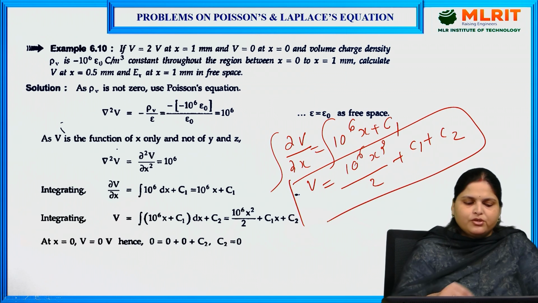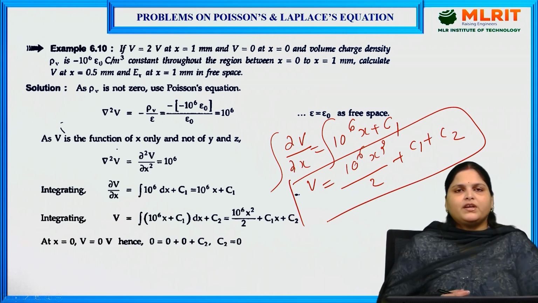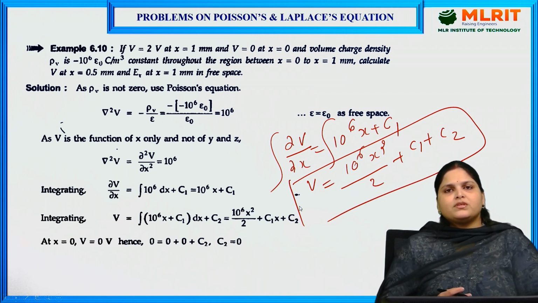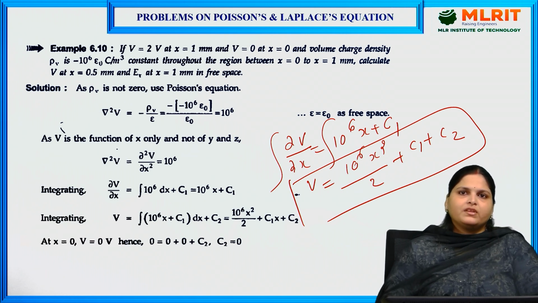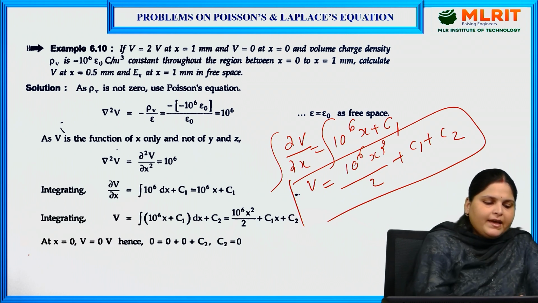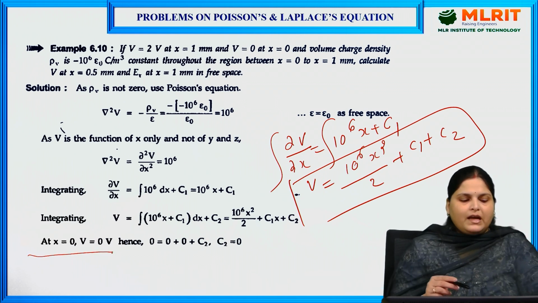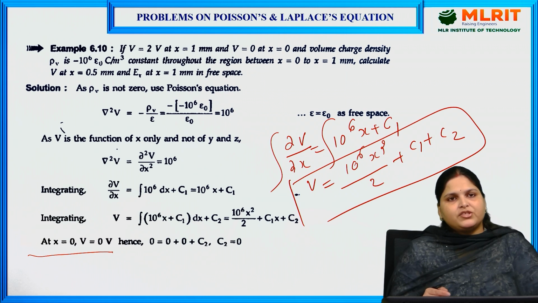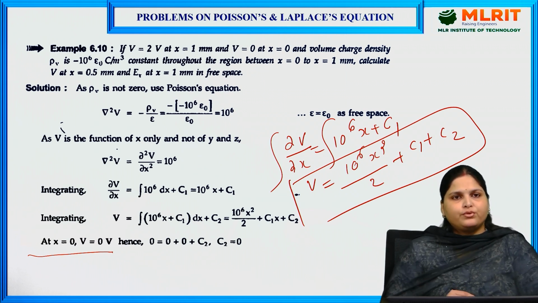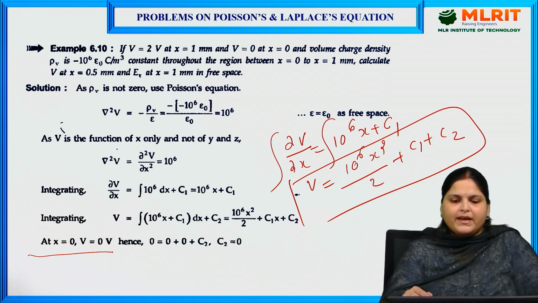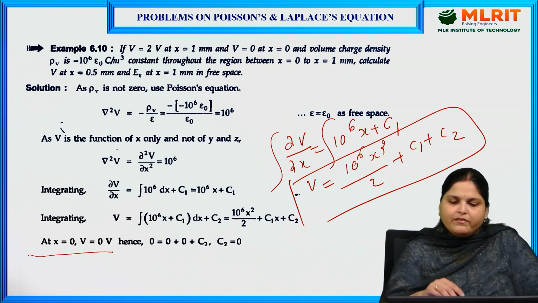This is the equation of V which we are going to use, and we will put boundary values in this equation so that we can find out c1 and c2. So two conditions are given. First condition is given as x is equals to 0 and V is equals to 0, and second condition is given as x is equals to 1 and V is equals to 2. So let us first put x is equals to 0 and V is equals to 0.